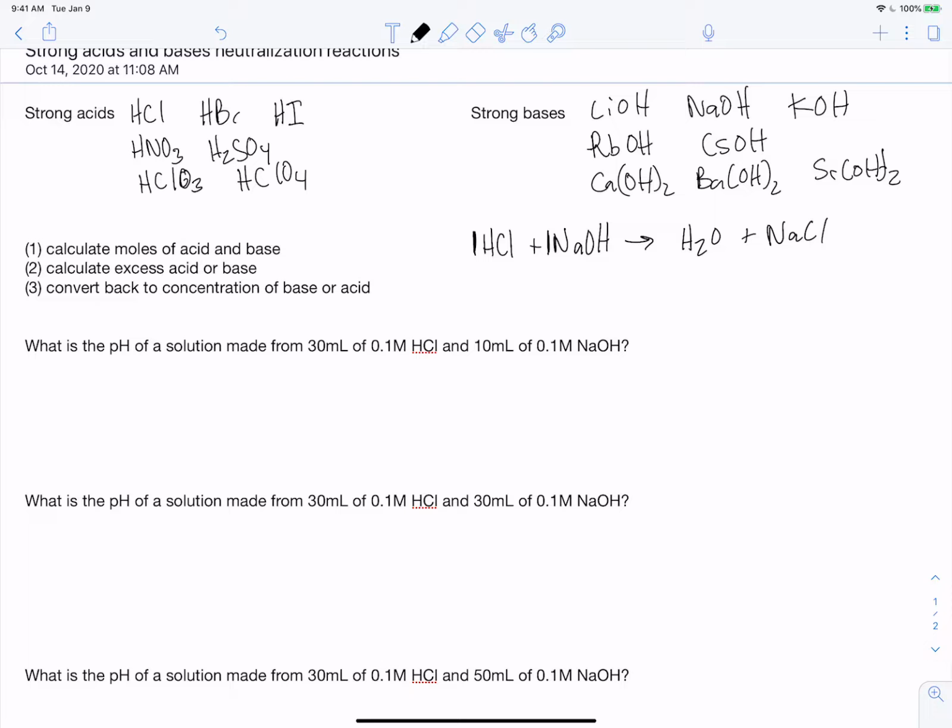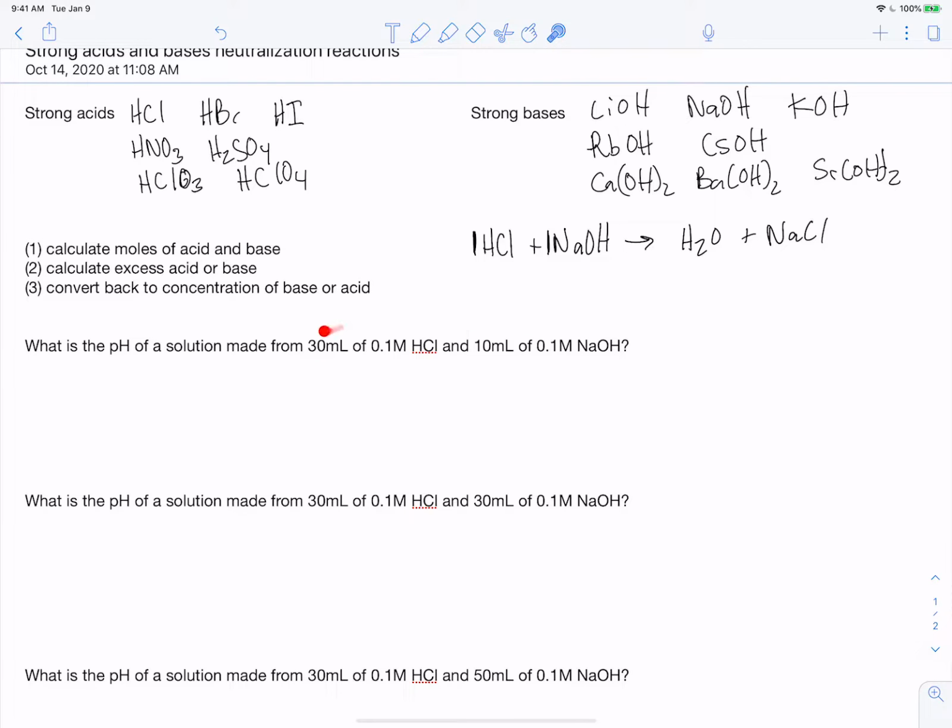So step 1 is calculate the moles of acid and base, and that's because our reaction is written out in terms of moles. So typically for these types of problems, you're given volumes, 30 milliliters of a particular concentration of HCl and 10 milliliters of a particular concentration of sodium hydroxide are mixed together to form one larger solution.